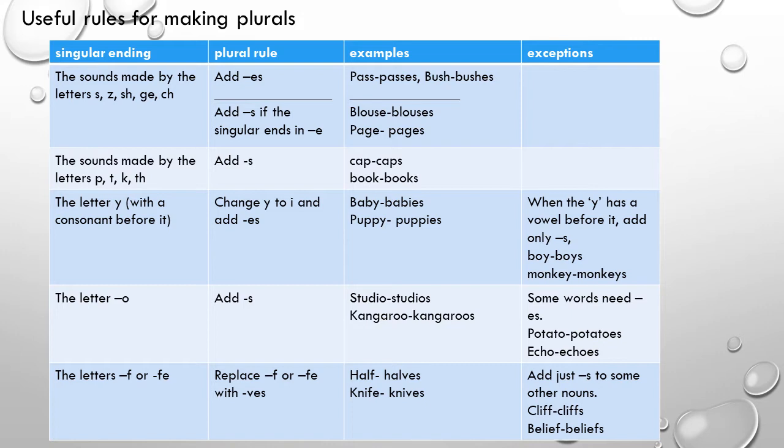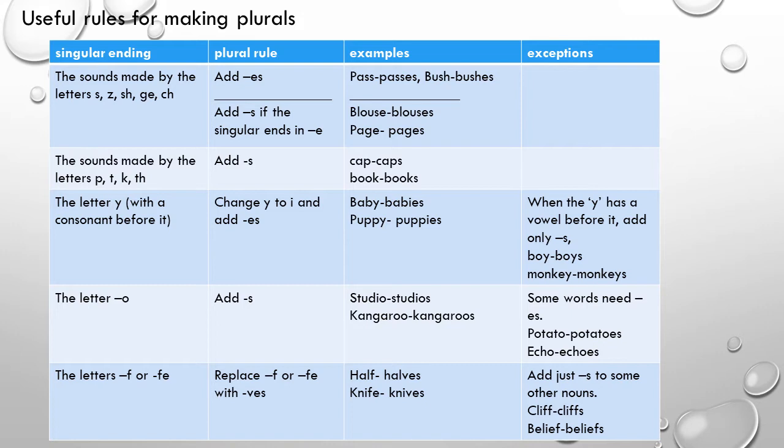When we have the words which have Y, we say Y has a vowel before it. Like we have boy. Y is the last letter, but the preceding letter is O, and O is a vowel. So then we will not add ES, we will add only S. Similarly, there is another word, monkey, and the answer is monkeys.